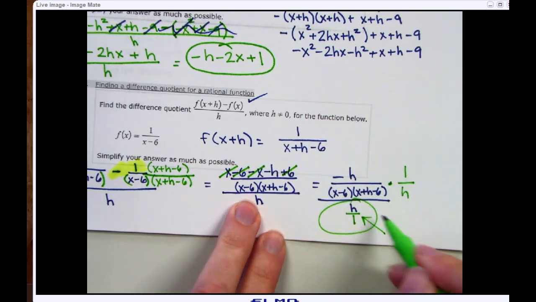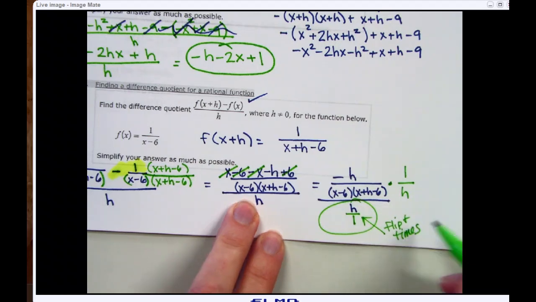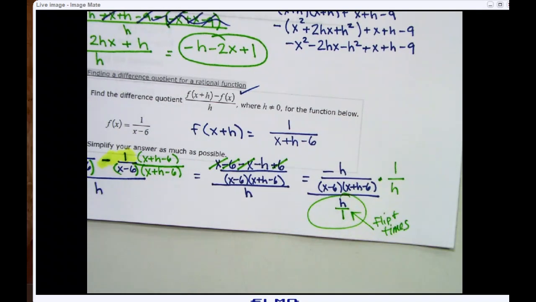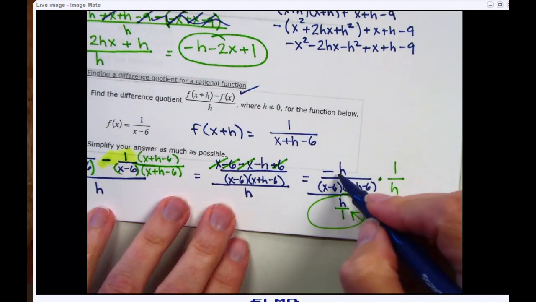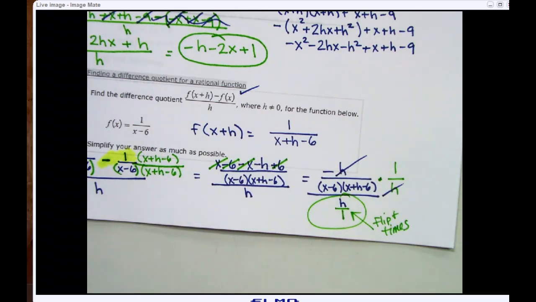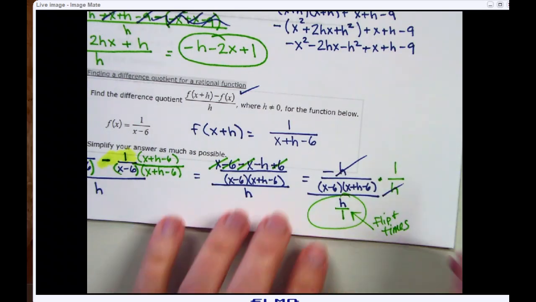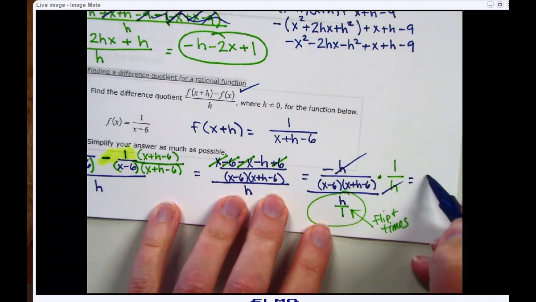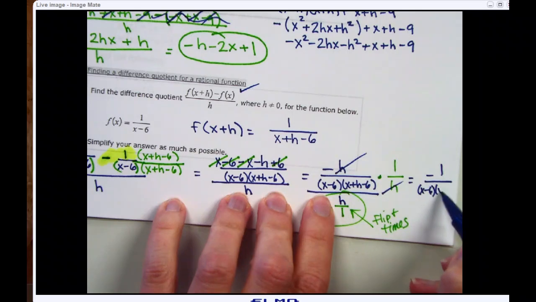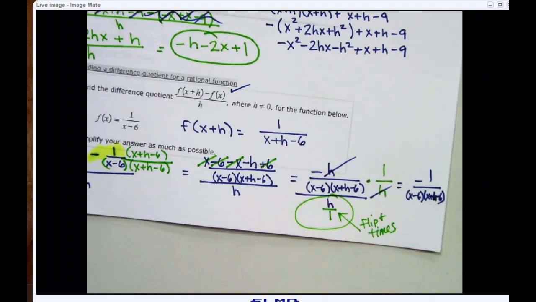So flipping times, right? And now what happens? Our h's cancel. And we are left with negative 1 over x minus 6, x plus h minus 6. Goodness gracious. Read it, don't listen to my words.